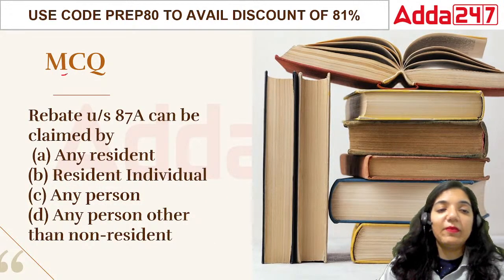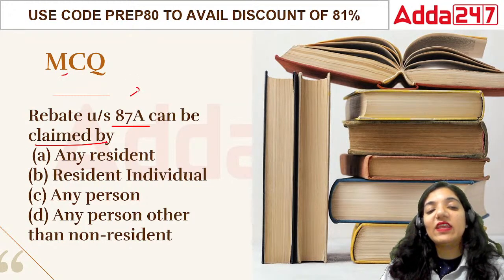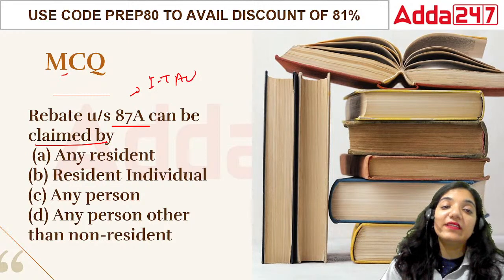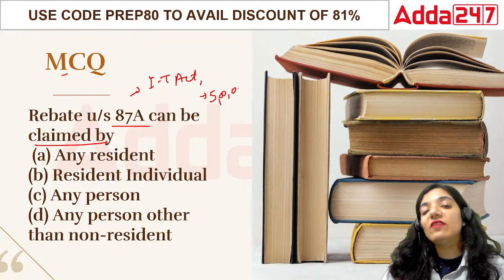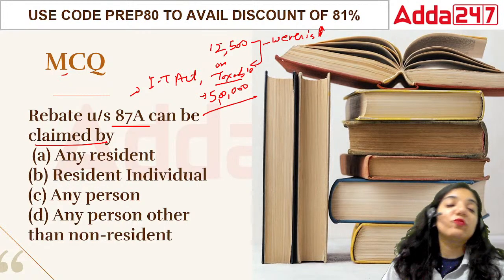Next question. Rebate under section 87A can be claimed by. Section 87A of Income Tax Act 1961 states that if a particular person is earning less than 5 lakh rupees, then 12,500 or his tax amount, whichever is lower, would be allowed as a rebate.